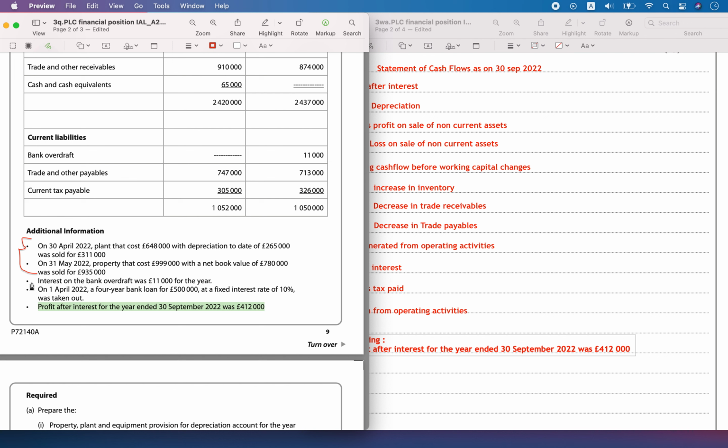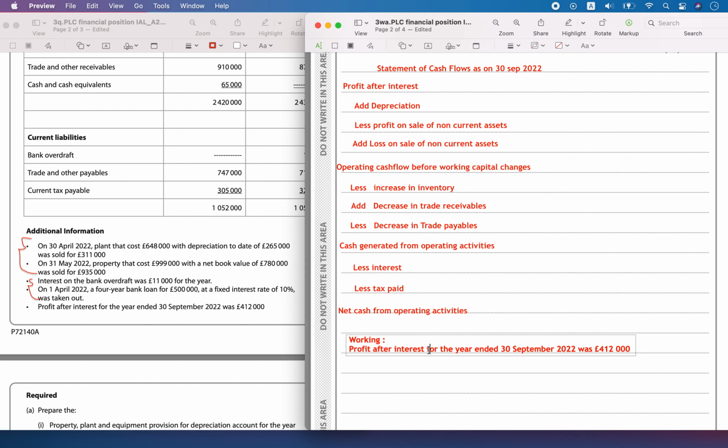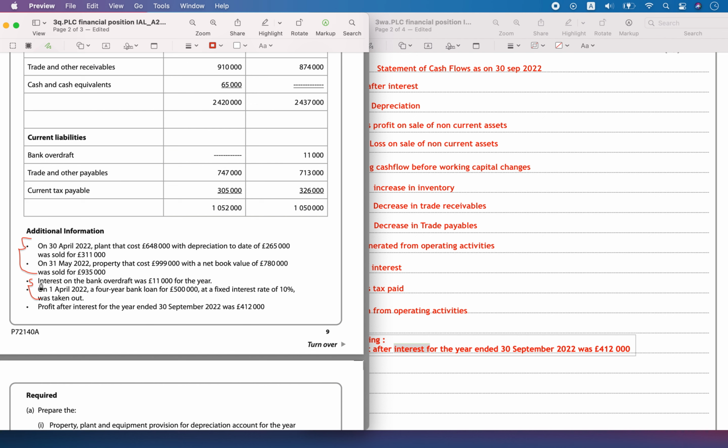But they have also taken out a loan. There is an overdraft interest, and a loan that was taken out later. This has not been included, so we have to add back those interests to get the total.